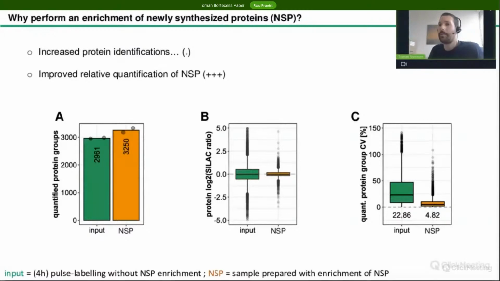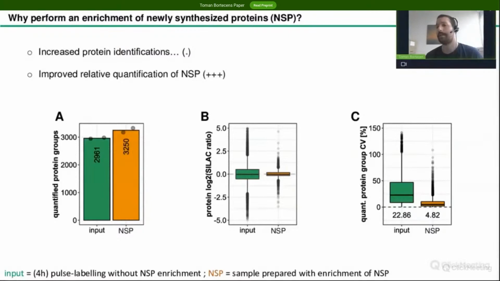And here in this panel A, we can see that comparing the number of quantified protein groups between the two samples, we have a minor benefit for the samples that were enriched, but this is not really all that striking. More importantly, we have much improved quantitative accuracy and also precision as a result of this enrichment of newly synthesized proteins.